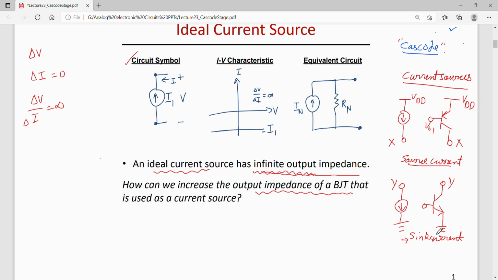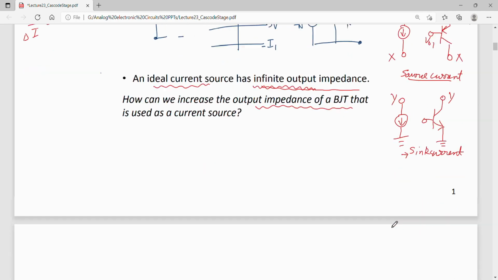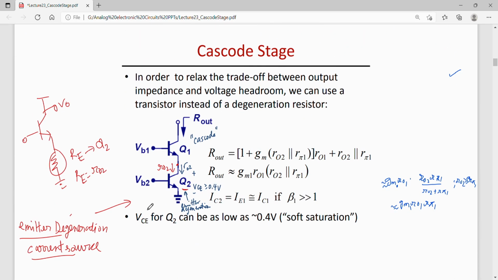So instead of RE here, one can use an NPN BJT, that is Q2, for providing both emitter degeneration and a current source. So cascode is basically a common emitter with emitter degeneration, or a common emitter with a current source at the emitter.